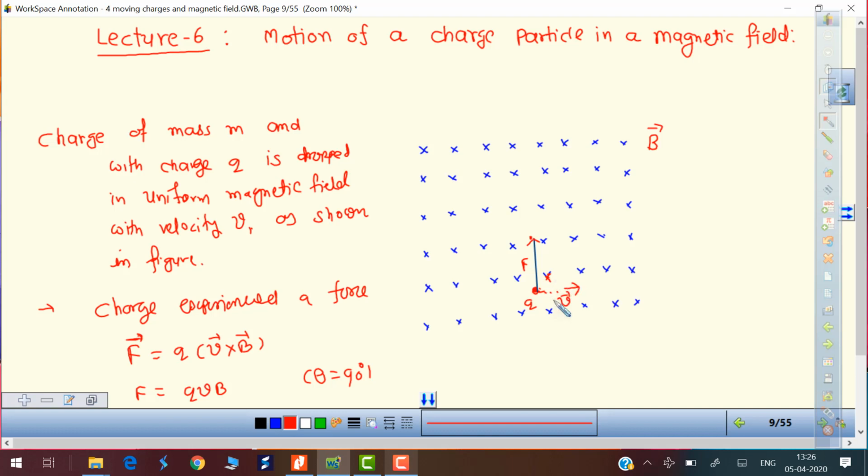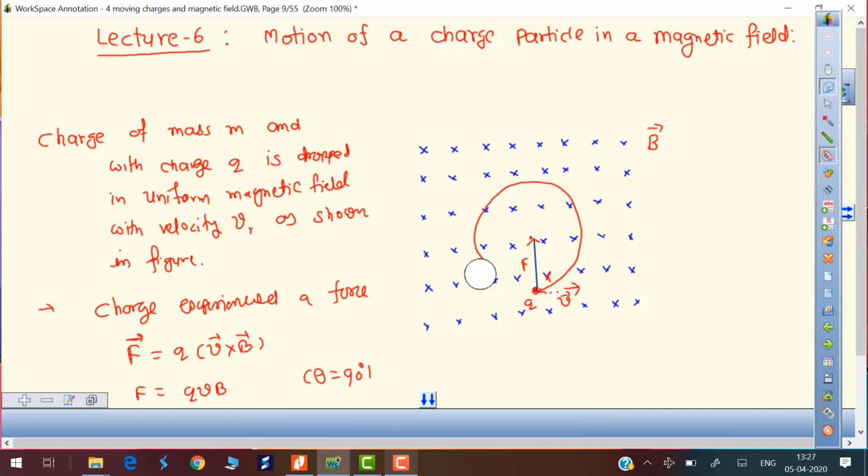So this is possible when the motion of the charged particle is circular. When you draw a normal at each point, it will pass through one common point, and that is the center of the circle.